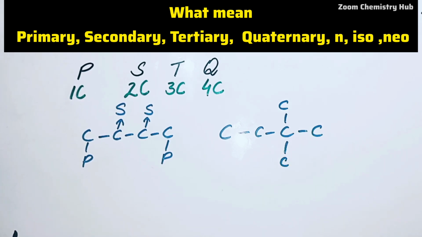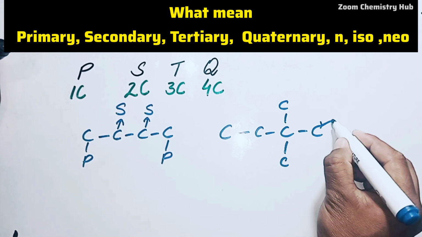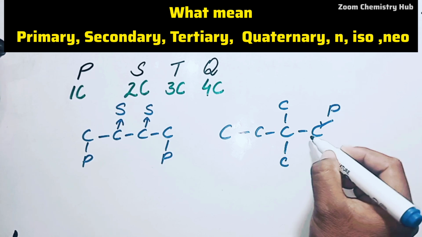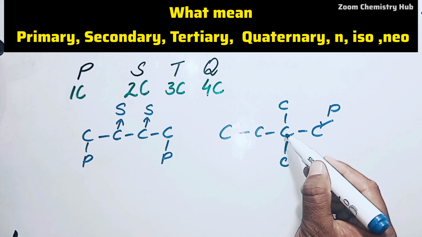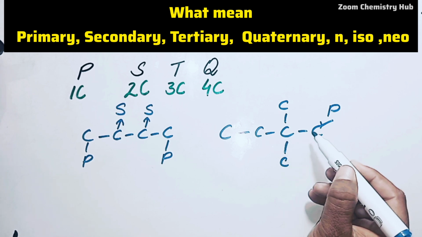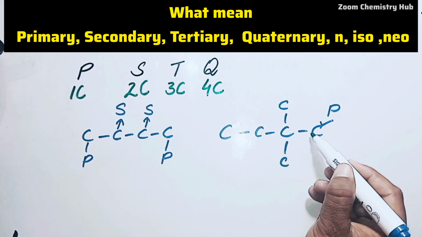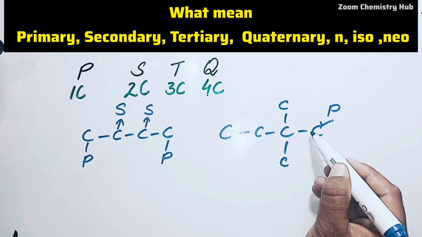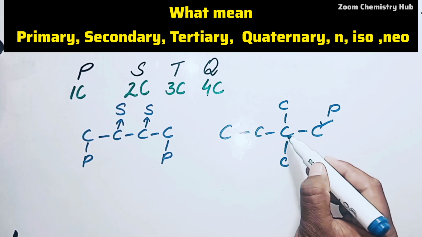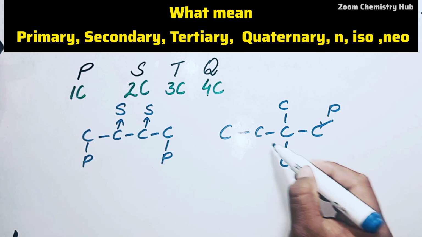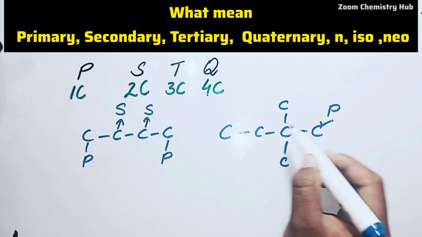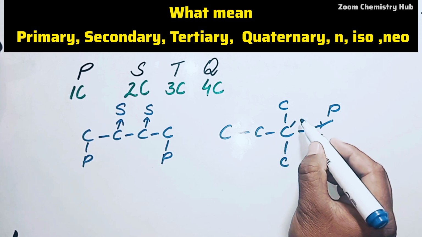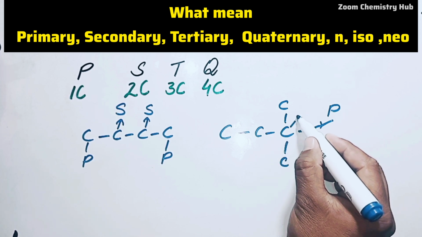In this, you can see that this is the primary carbon which is attached directly to 1 carbon, and this carbon is directly attached to 4 other carbon atoms, that is 1, 2, 3, 4. So this carbon is called quaternary carbon atom.